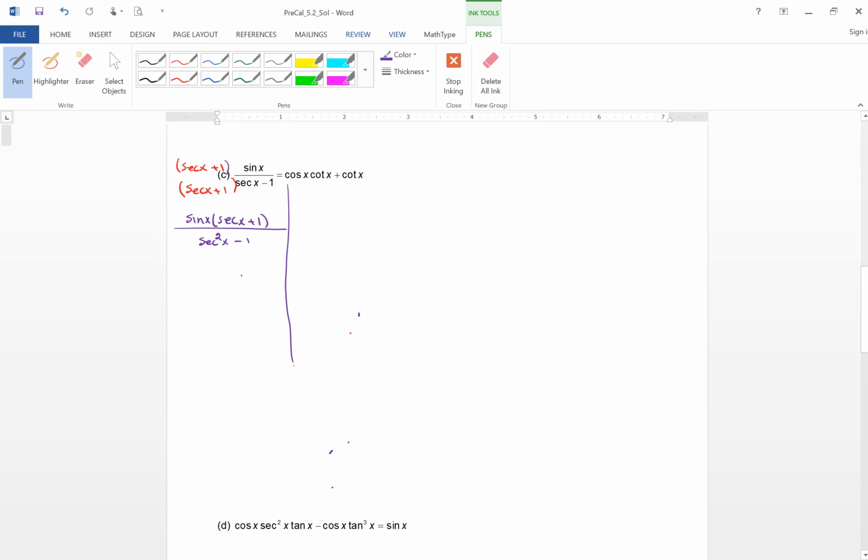The formula is tangent squared theta plus 1 equals secant squared x. So if I subtract 1, tangent squared x is secant squared x minus 1, meaning the denominator is tangent squared x. Okay, we have some signs here, so let's switch this to sine over cosine.